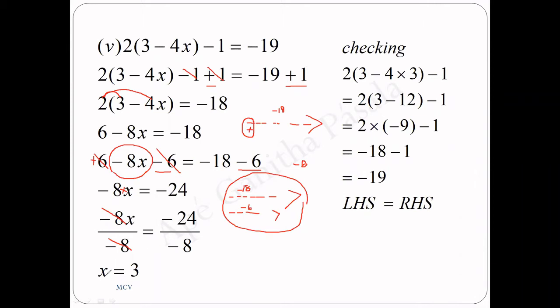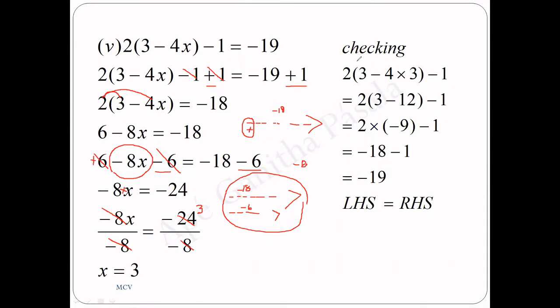Then x remains on the left hand side. 8 into what is 24? 8 into 3, 24. When you divide integers, if both signs are the same, the answer is positive. So what is our answer? Our answer is plus 3. x equals 3.